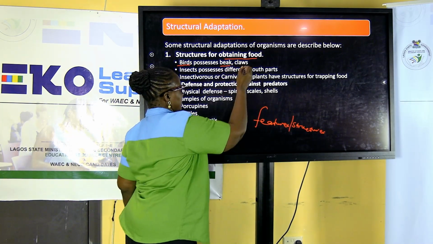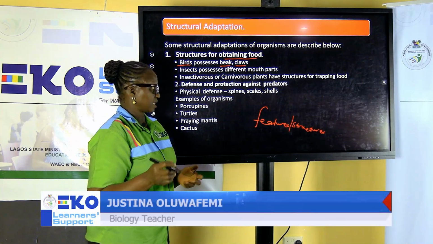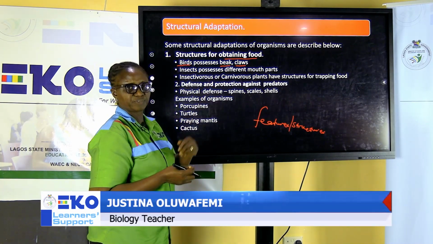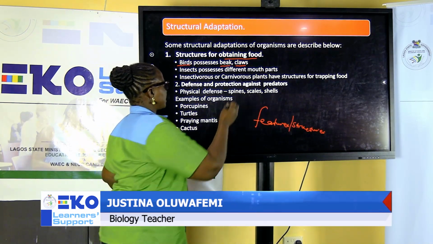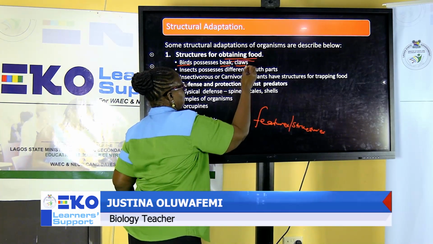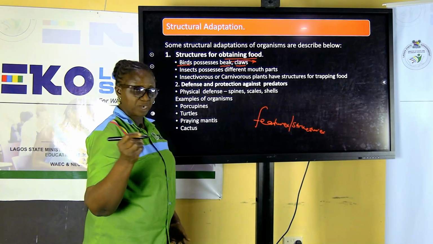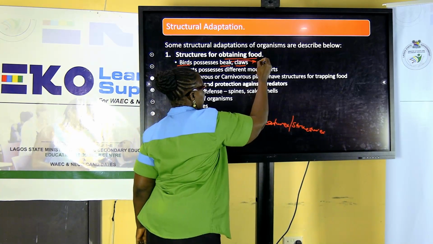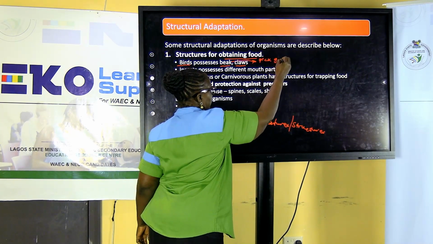One, it has a beak and it has claws. We are looking at using these features for survival. What does a bird do with a beak? The beak is used by birds generally to pick grains.